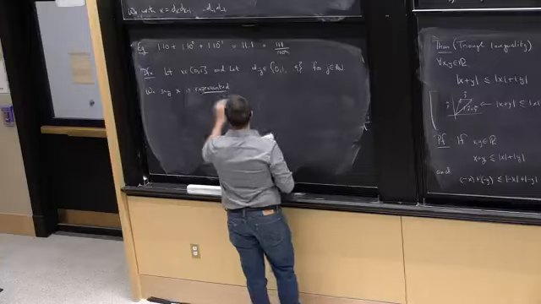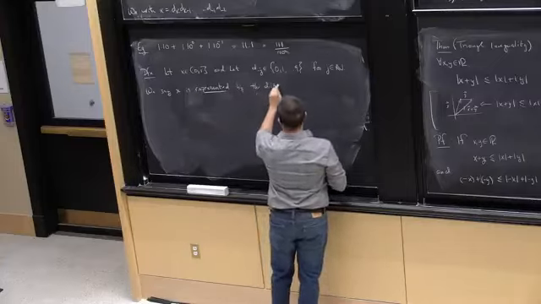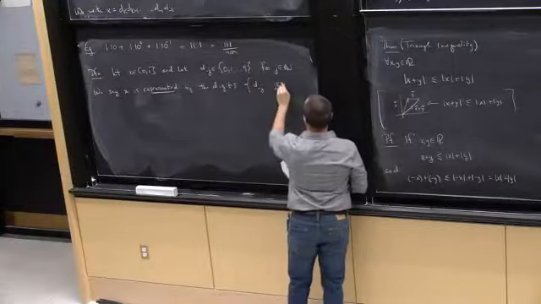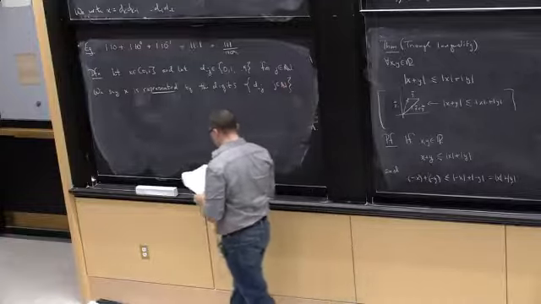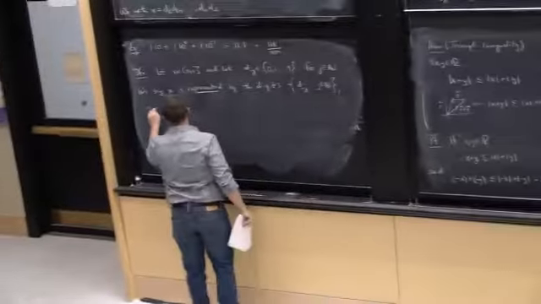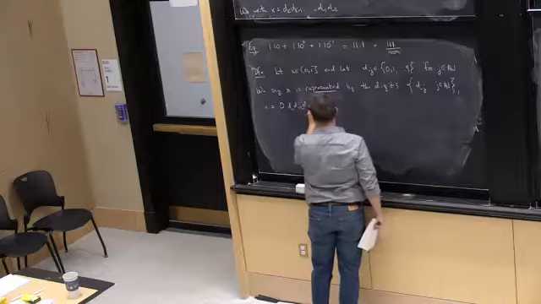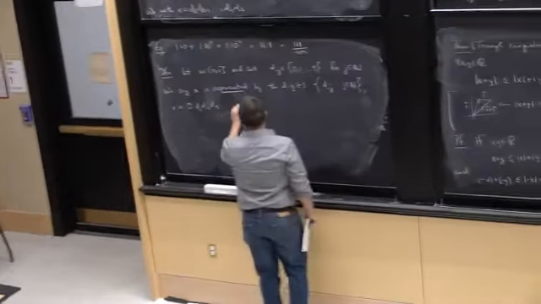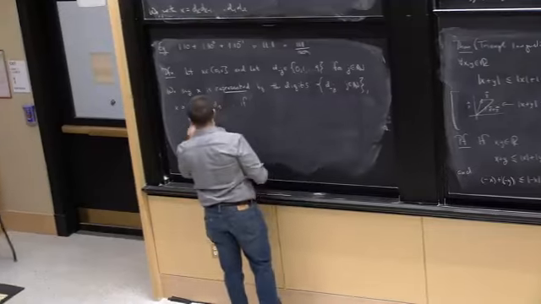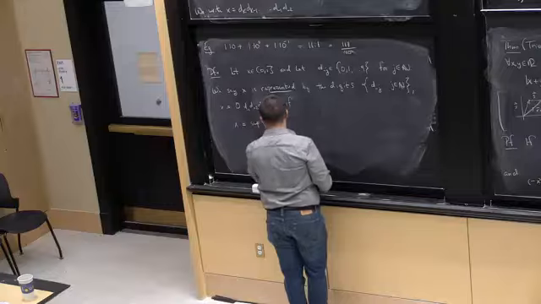We say x is represented by the digits, and write x equals 0.d_{-1} d_{-2} d_{-3}..., if, so this is the precise meaning of this, x is equal to the supremum of the set.